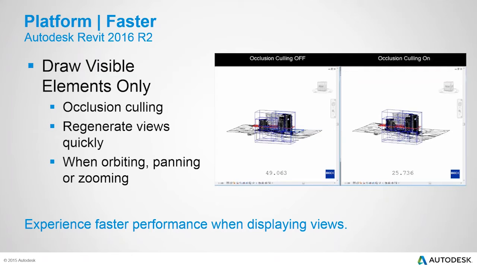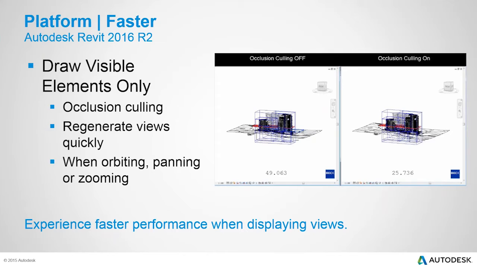But now with a new engine enhancement, this thing called Occlusion Culling, it's going to concentrate just on those elements that are actually turned on. It enables you to regenerate views more quickly during navigation while orbiting, panning and zooming. And it just makes the whole experience, especially with the bigger files, a lot better.